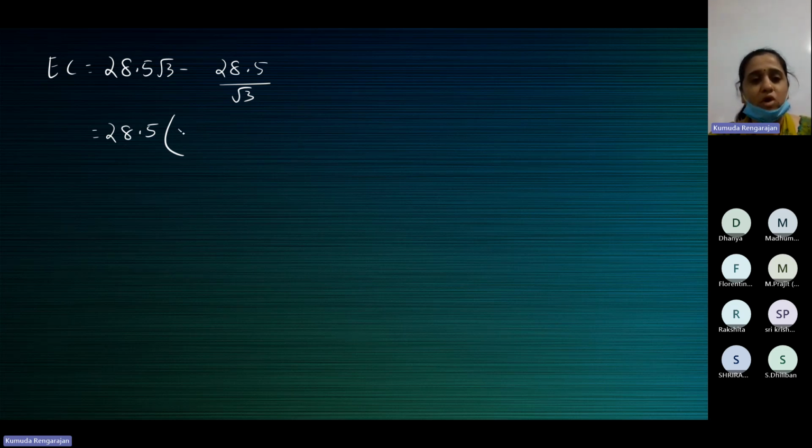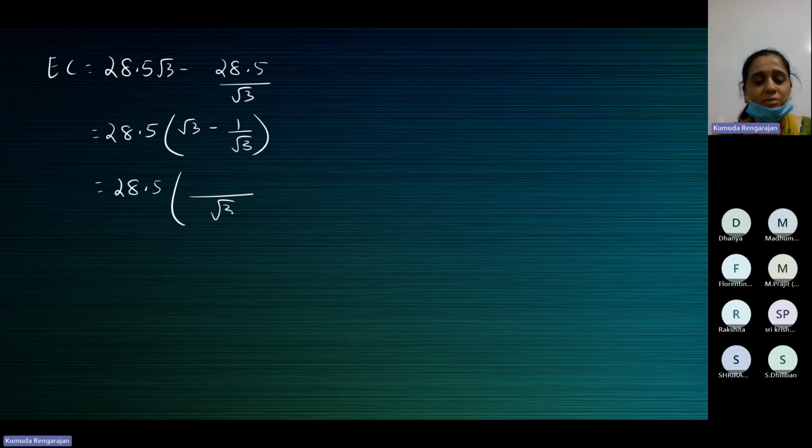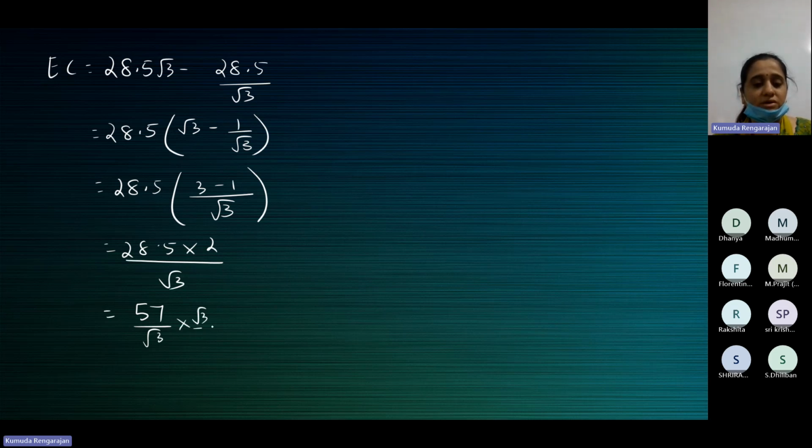So 28.5 common, so root 3 minus 1 by root 3. Then 28.5 root 3 common denominator, so 3 minus 1. So 28.5, am I right? 3 minus 1, yeah, into 2 by root 3. So 28.5 into 2, 57 by root 3, into root 3 by root 3. So 57 root 3 by 3.